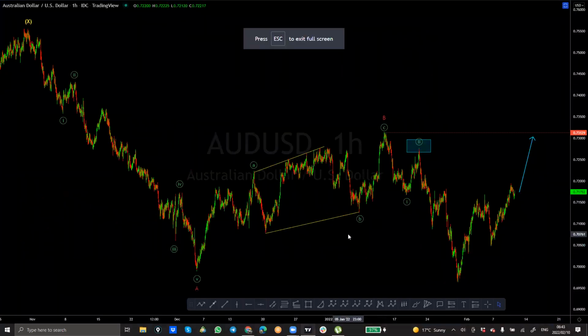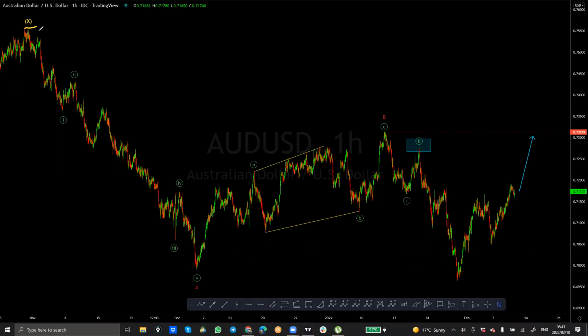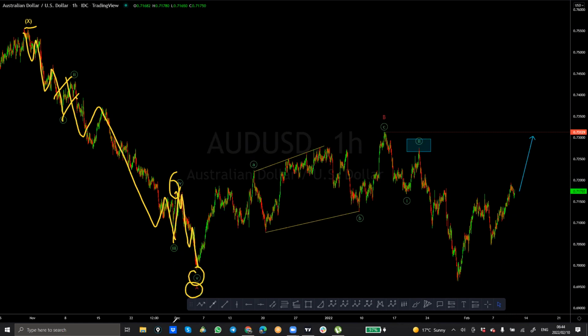So in this view here, one can see that from the peak that I was referring to, which would have completed wave X at the end of October, we had 1, 2, 3, 4, 5 waves in 1, a pullback in 2, 1, 2, 3, 4, 5 waves in 3, a pullback in 4, and then another 1, 2, 3, 4, 5 waves lower in 5 of A in red, right?